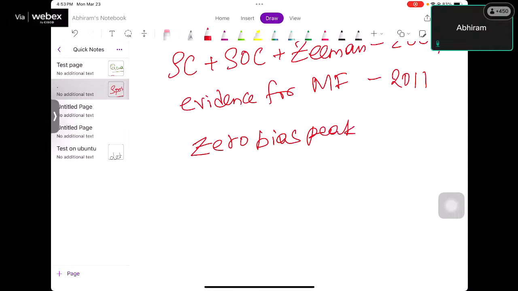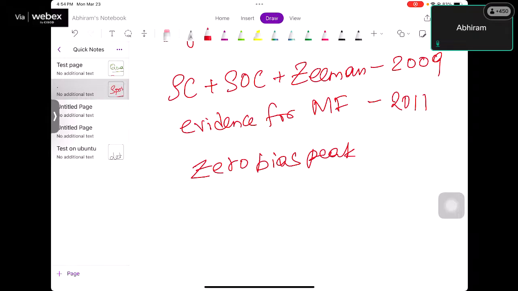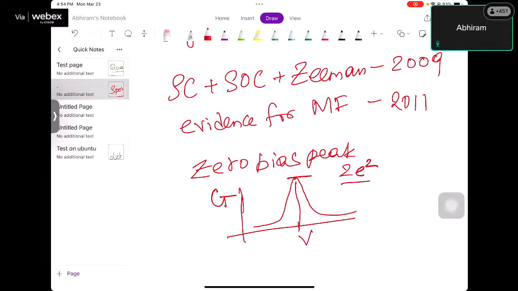So what is a zero bias conductance peak? You apply a small voltage bias across a normal metal superconductor junction, where the superconductor is replaced by the superconductor plus spin-orbit coupling plus Zeeman field. Then near zero bias, you will see a peak in conductance, in the differential conductance G versus V. The real theoretical prediction is that this peak should have the value 2e square by h.